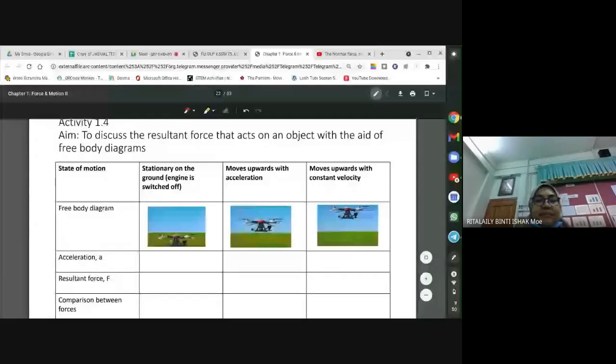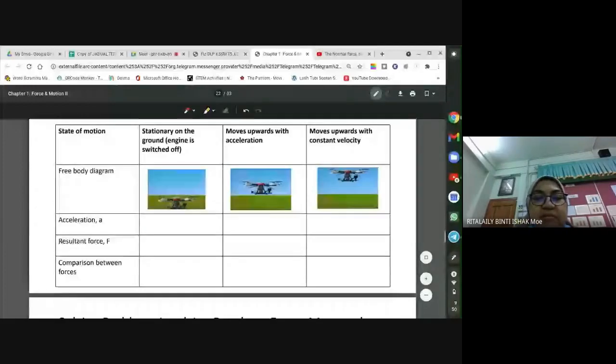So let's look at this one. This one is from your textbook. Discuss the resultant force that acts on an object with the aid of a free body diagram. We have a drone. The first diagram, stationary on the ground, engine is switched off.